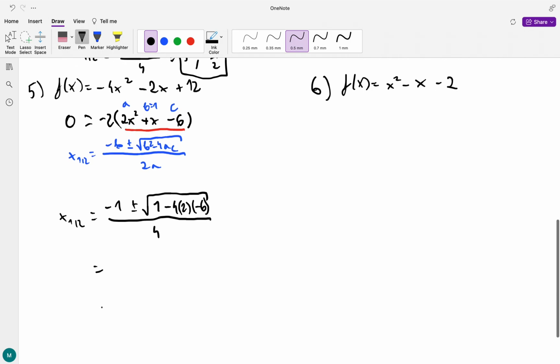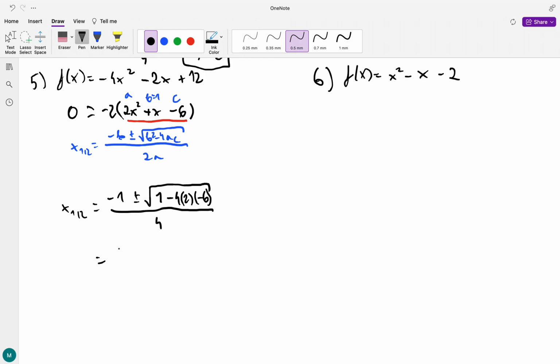Okay, let's figure out the number underneath the radical. -1 plus minus, that stays the same. And underneath the radical, we have 4 times 2 is 8 times -6. That's -48, right? Or you can do it like this: -6 times 2 is -12 times -4 is 48. So we have 1 plus 48, which is 49, but let's not skip any steps.